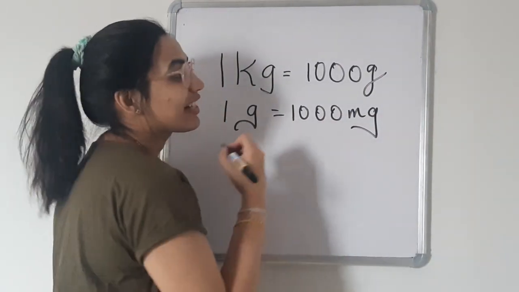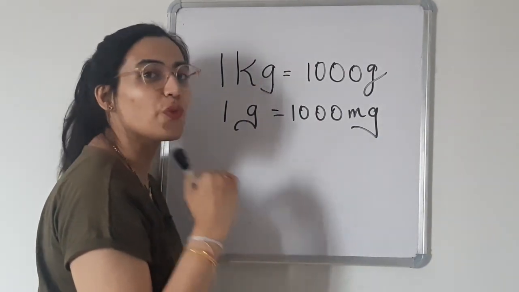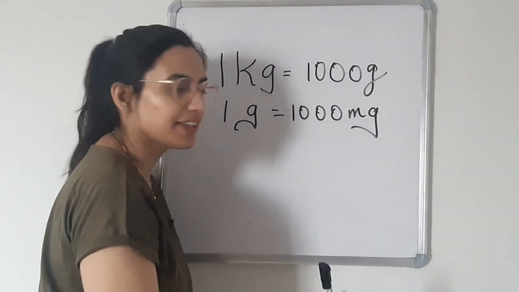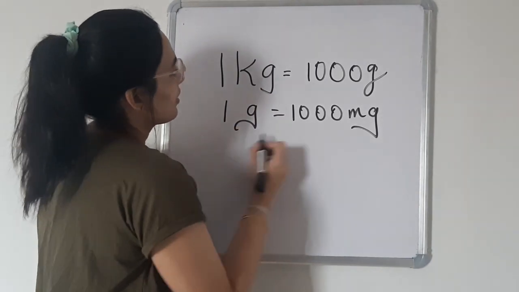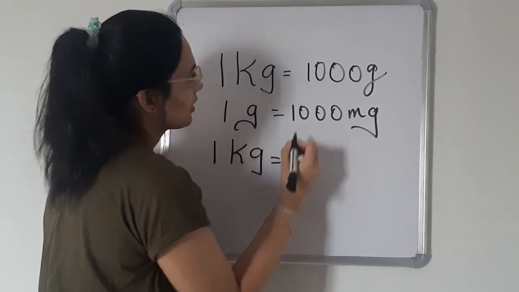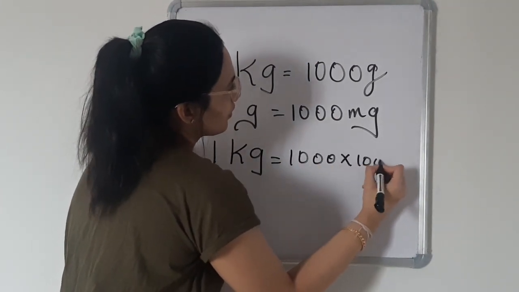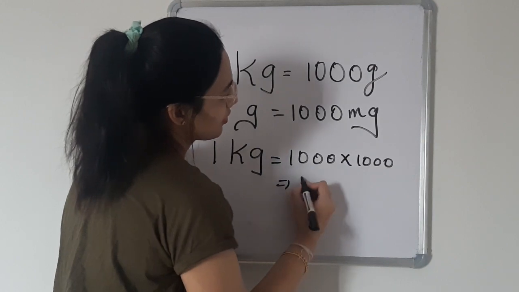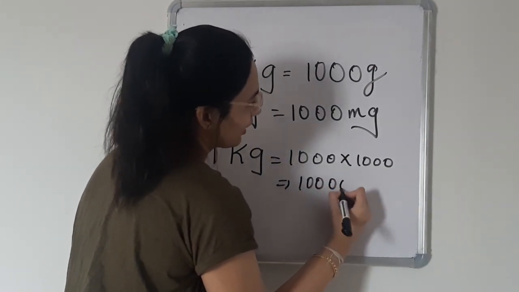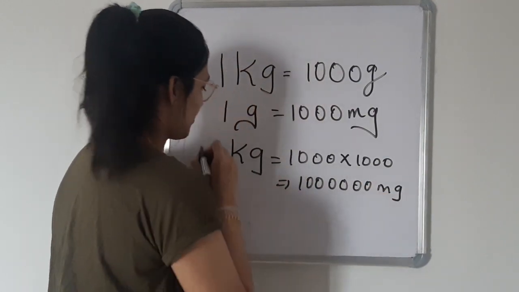Imagine we usually take 25 mg, 50 mg tablets. So they are very minimal dose tablets, right? In the same way, now that we know these two, can we convert 1 kilo into milligrams? That is 1000 into 1000, that is 1,000,000 milligrams.